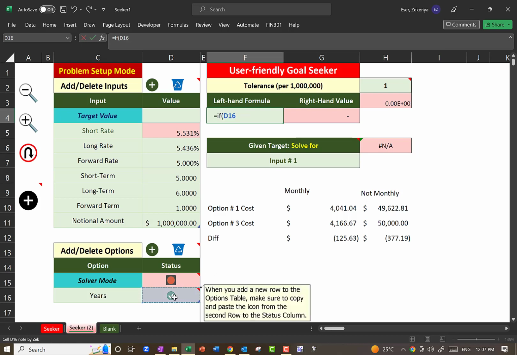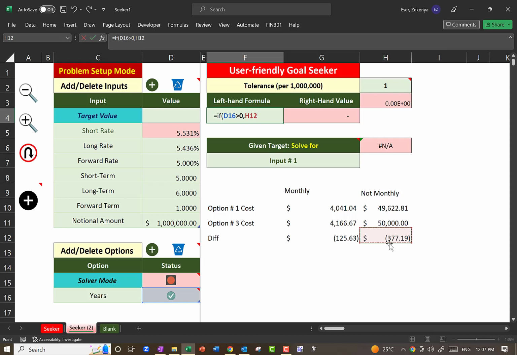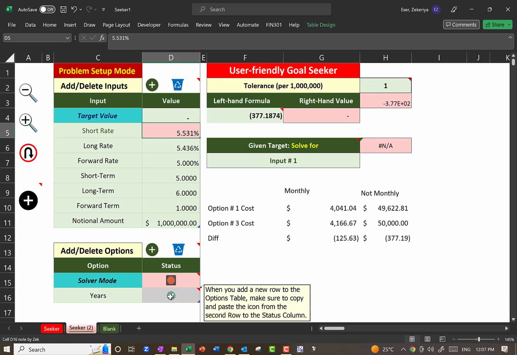Once I get out of... okay. Oh, should be green light. Once I get into green light, it says solver mode. It actually solved for that rate.